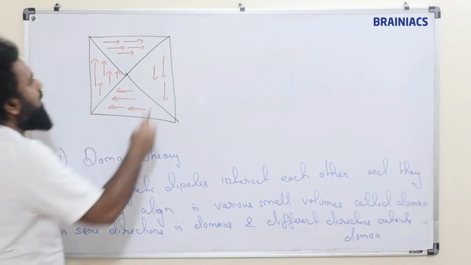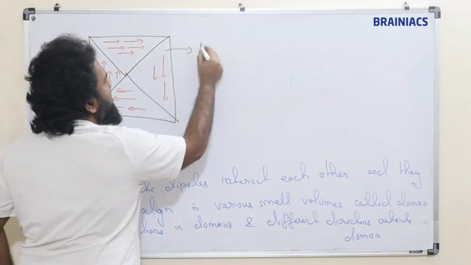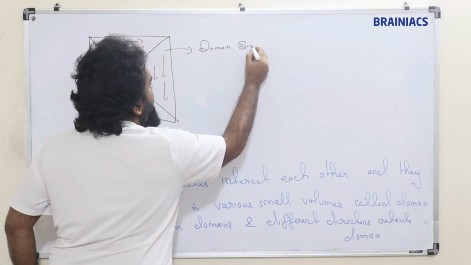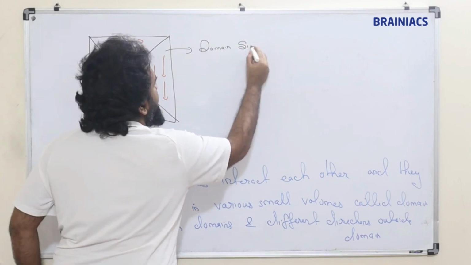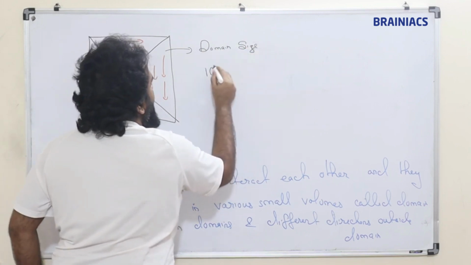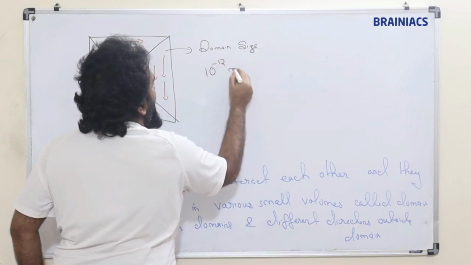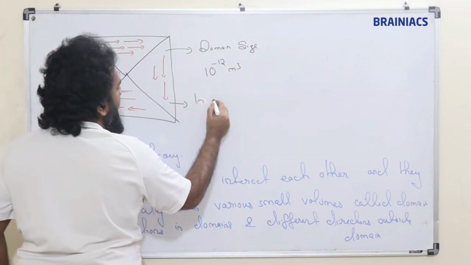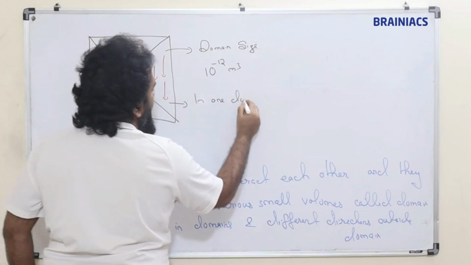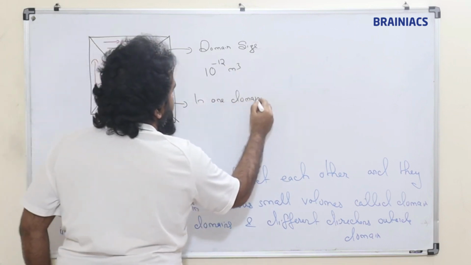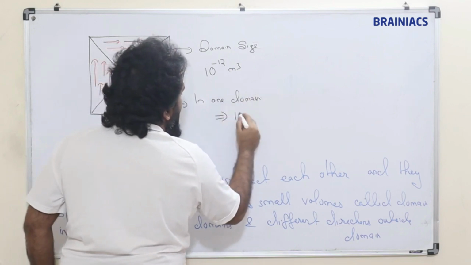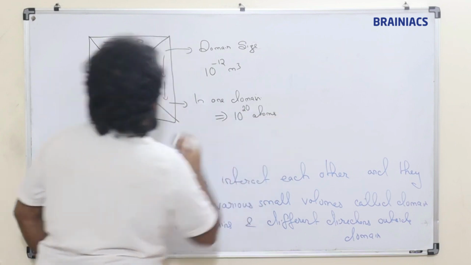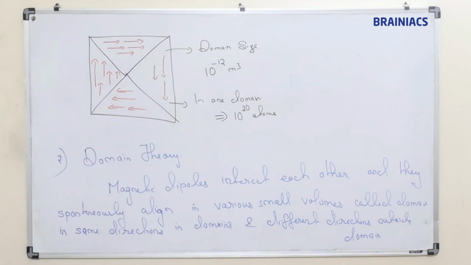Let me tell you the domain size. Domain size will be somewhere around 10 raised to minus 12 meter cube, and in one domain, how many atoms? In one domain, 10 raised to 20 atoms will be there. So they will form domains like this.